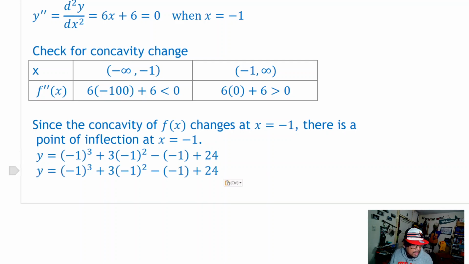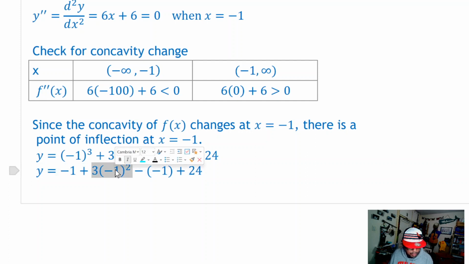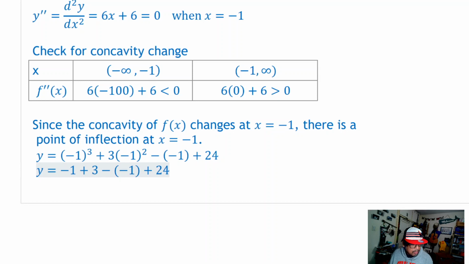Starting with -1 to the third power. -1 to the third power is just -1. -1 squared is 1, so 3 times 1 is just 3. So now we've got 3 minus a -1. That's the same thing as just plus 1. So we've got -1 plus 3 plus 1 plus 24.